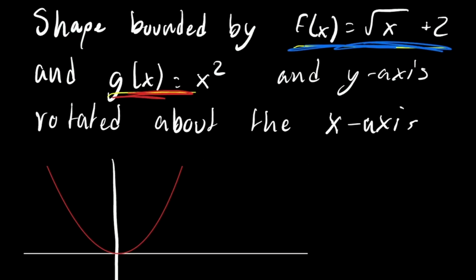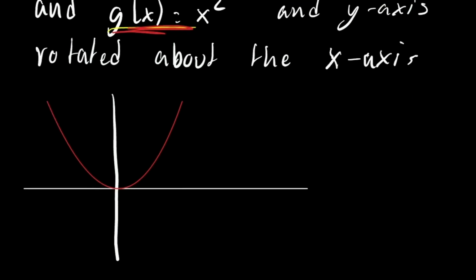And we have root x plus 2 for our other function, which looks a little something like that. So the area is this ugly shape.